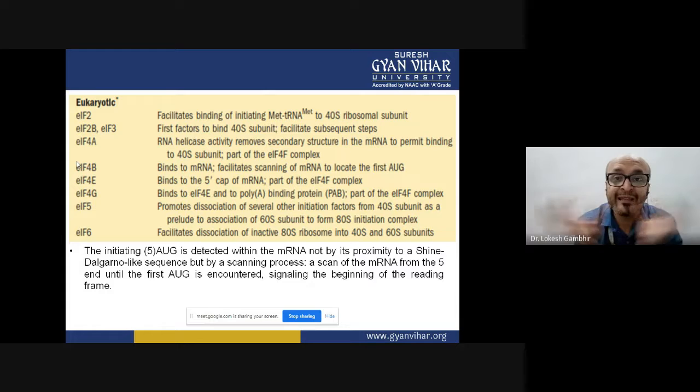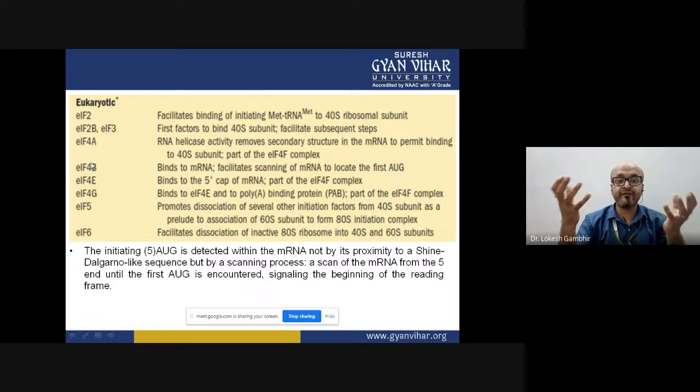This scanning of the mRNA is mediated by initiation factor 4B. Then we have 4E and 4G, which we read about in the last slide. 4E binds to the cap molecule and 4G bridges the bond between 4E and the PAB protein, so that the complete mRNA is now circularizing.